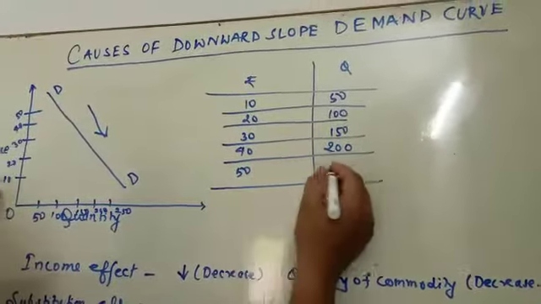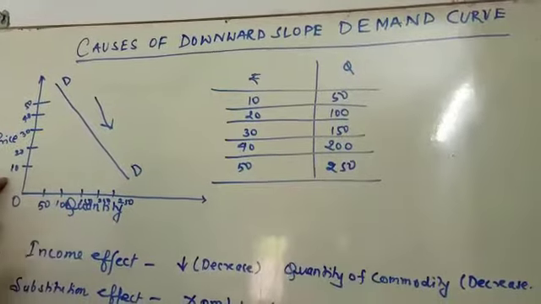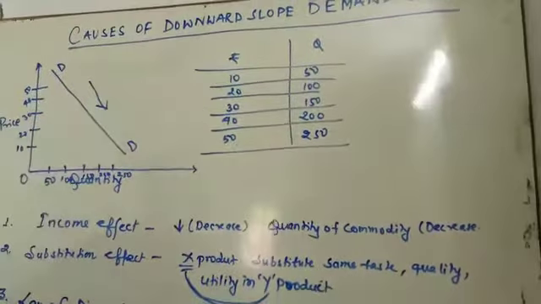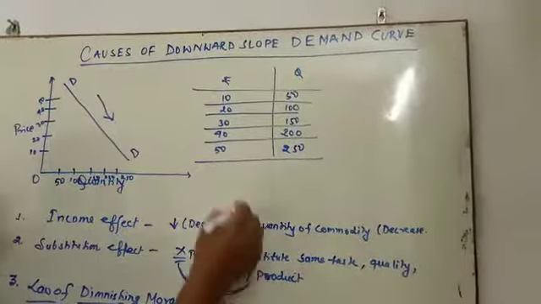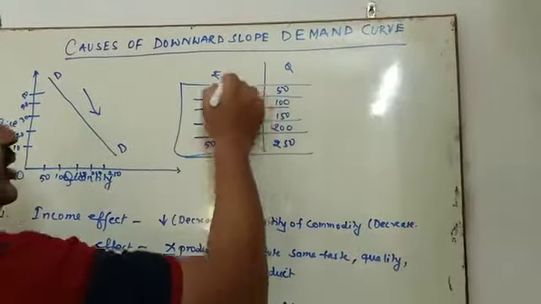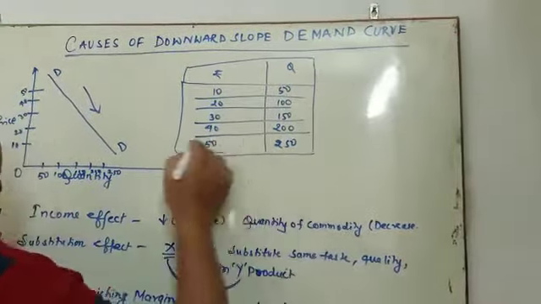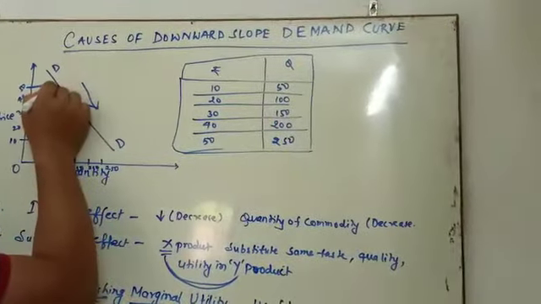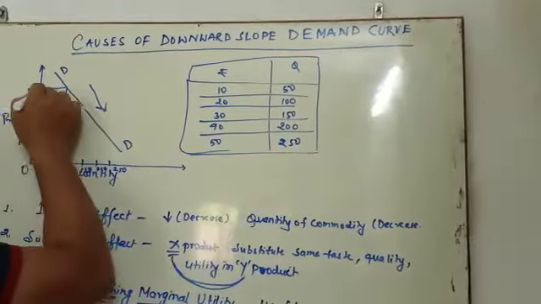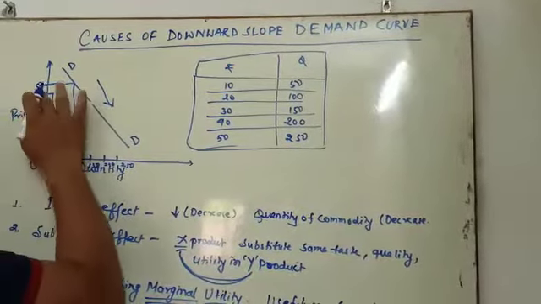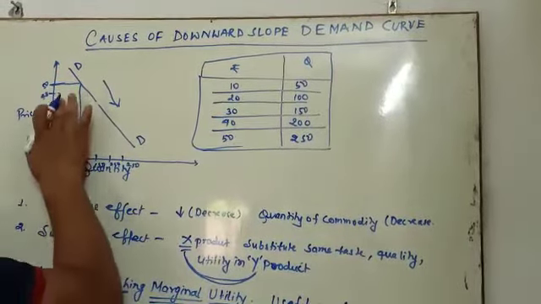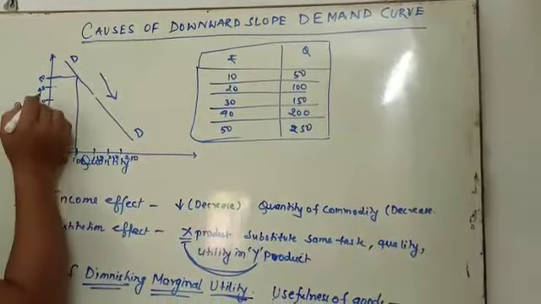At 50 rupees, you are purchasing 250. My dear students, you have to observe. When you join all these things here, you will find out.